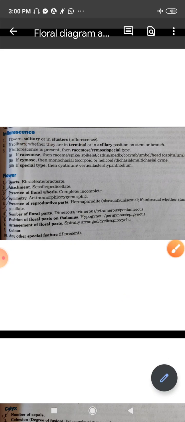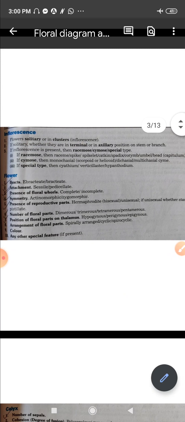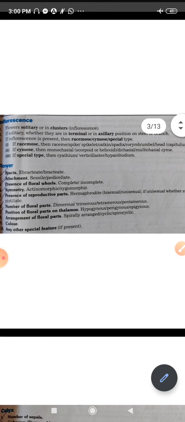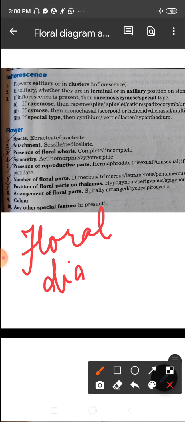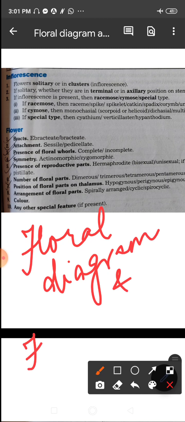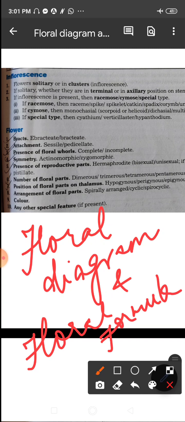Now after that, when we talk about the floral diagram and the floral formula, again, we need to know about certain other things while explaining.